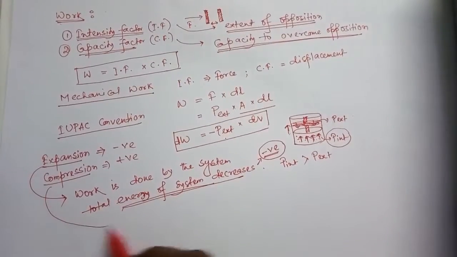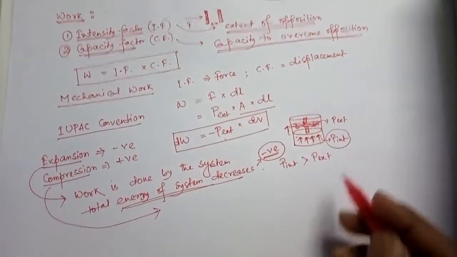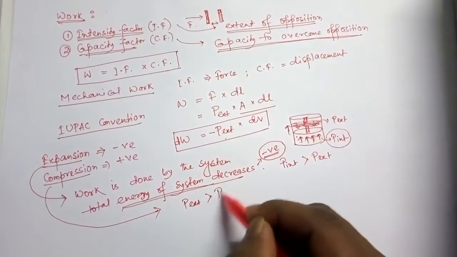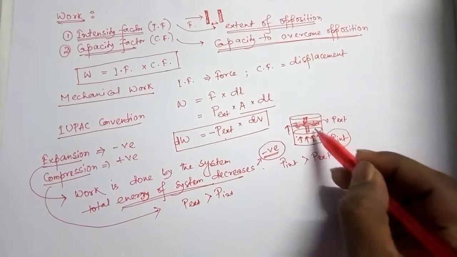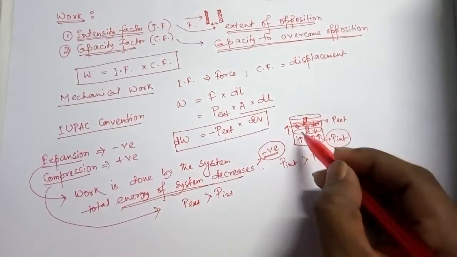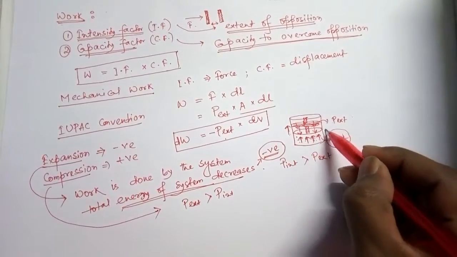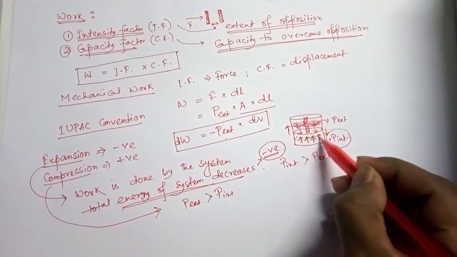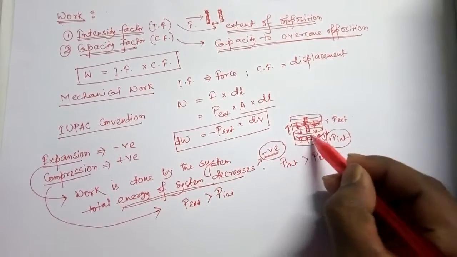Now for compression work, if P external is greater than P internal, then what happens? P external is greater than P internal. That means the piston will be lowered down and compression will occur.